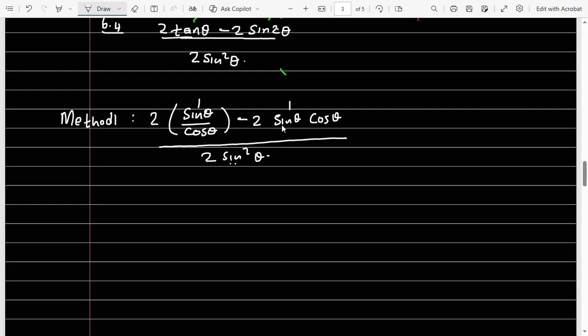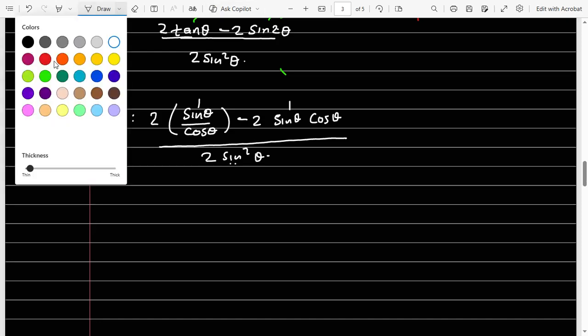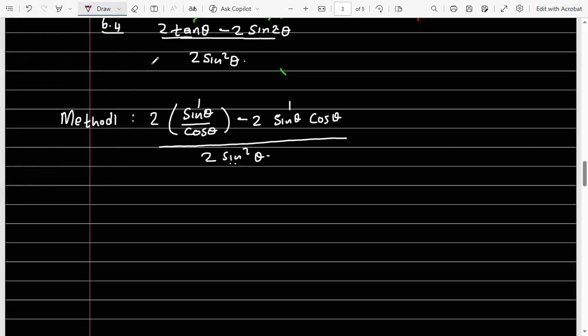But if I'm left with no sine, how can I bring back the sine? That's what you need to ask yourself. I can bring back the sine if I have 1 minus cos squared theta. Guys, I'm not trying to play with your mind or act smart. This is how I need you to think.